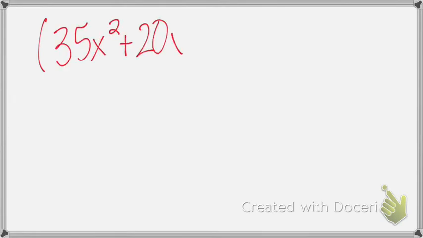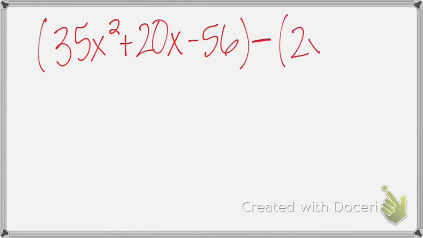All right, so first we have 35x squared plus 20x minus 56. That is my total, right? Minus 2x squared minus x plus 21. Now, when I rewrite this, and I take away my parentheses, what happens to all the signs on the right?